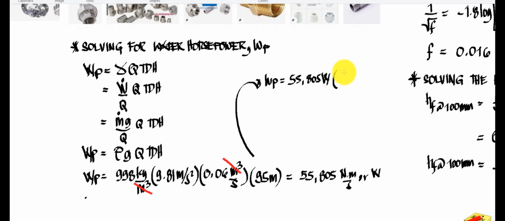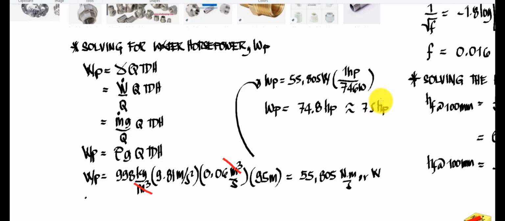We have the conversion that 1 horsepower is 746 watts. So the water horsepower is equal to 74.8 HP. Usually this is rounded up to 75 horsepower.